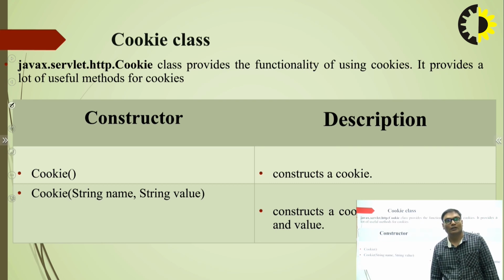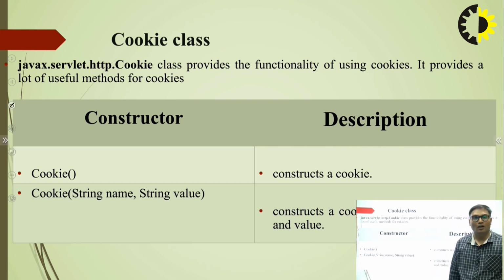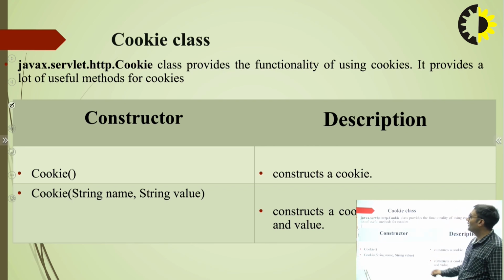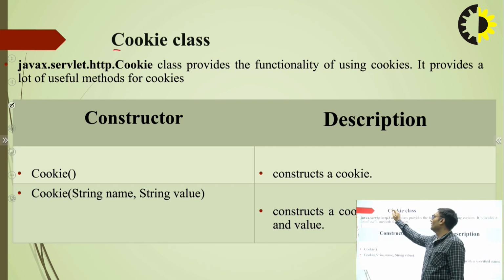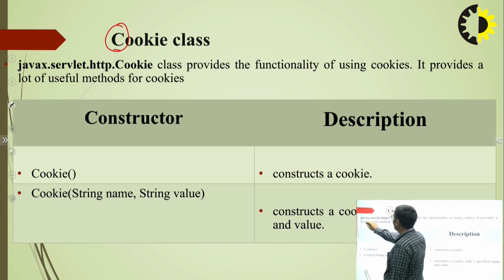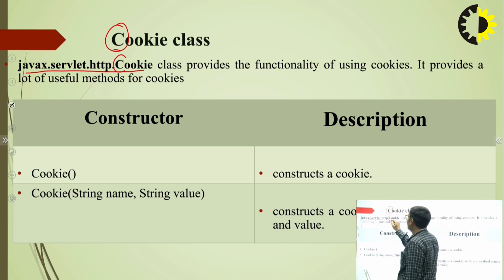Now, how will a cookie be created, how will it be saved? There is a class named Cookie. Here C is in capital. And this class comes from the package javax.servlet.http.Cookie. Here also C is in capital letter.